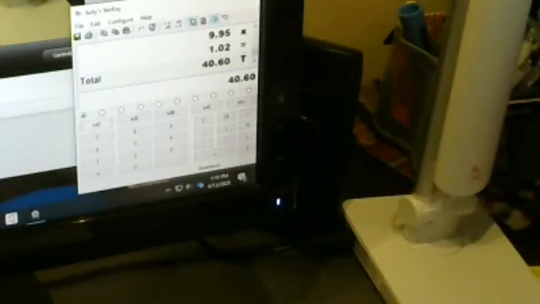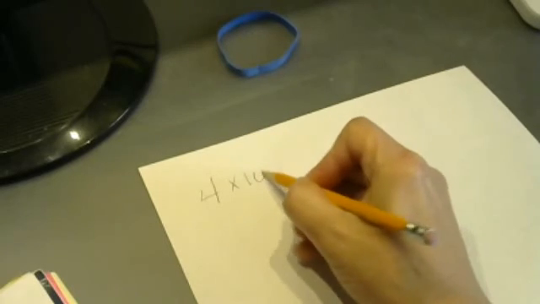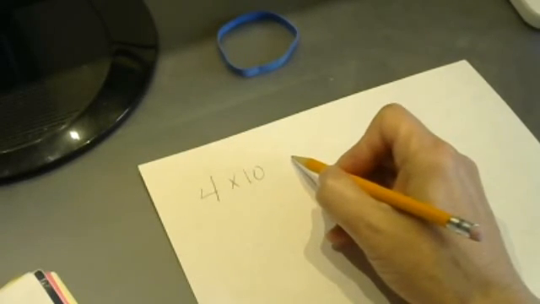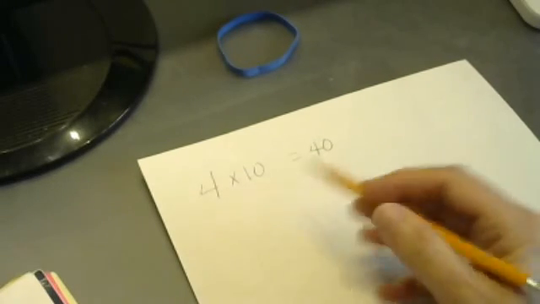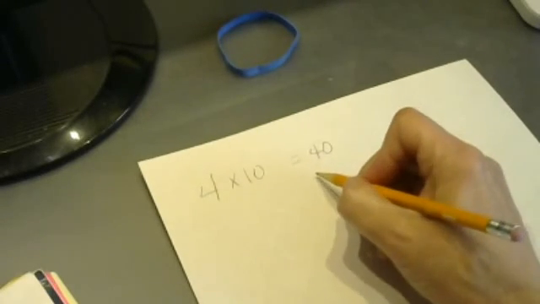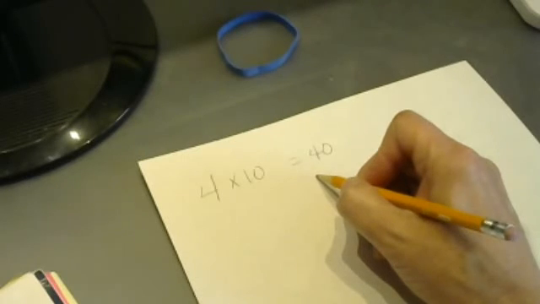So if I take 4 times 10, that equals 40. And then if I need to do the sales tax, I'd have to take it times the sales tax.